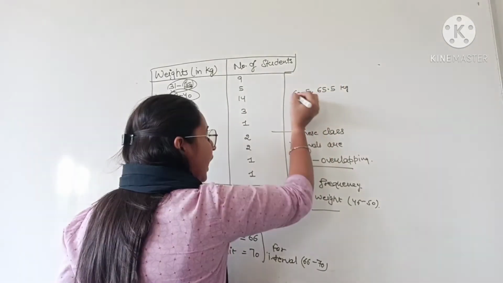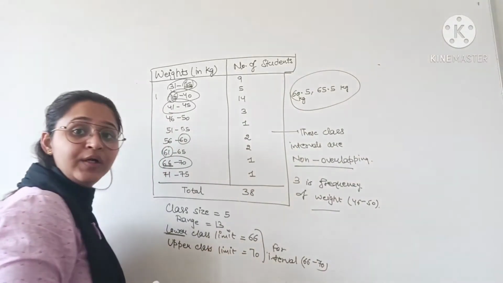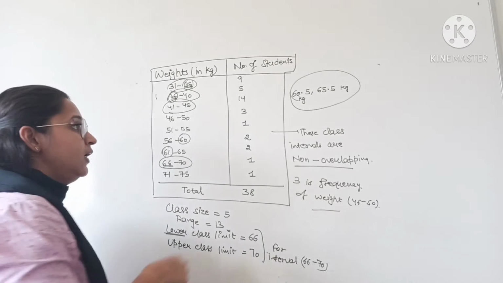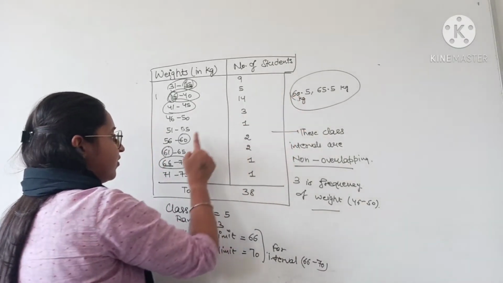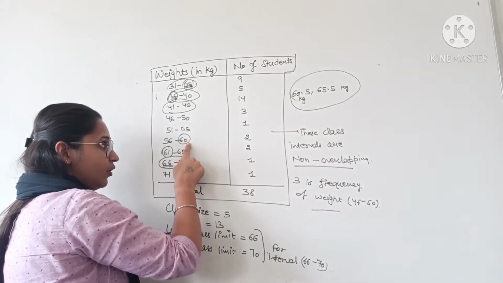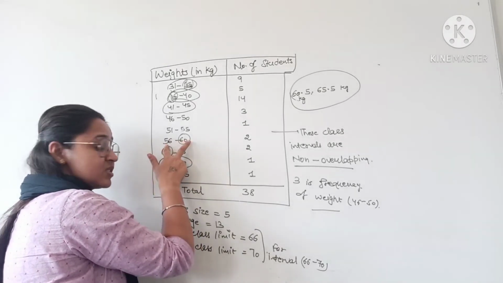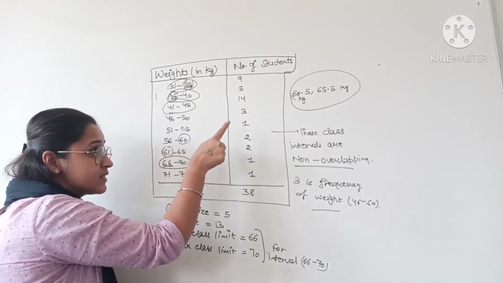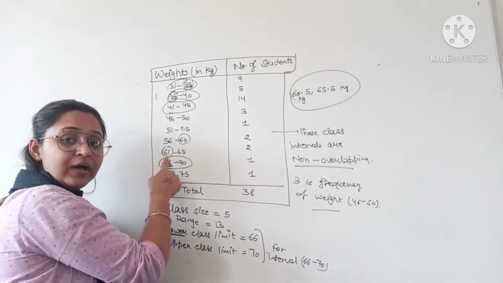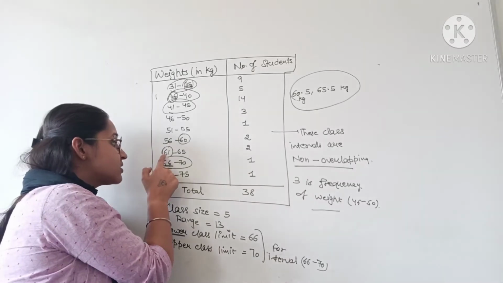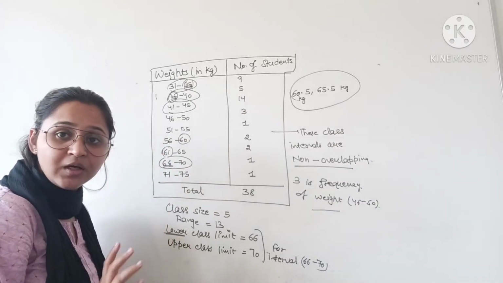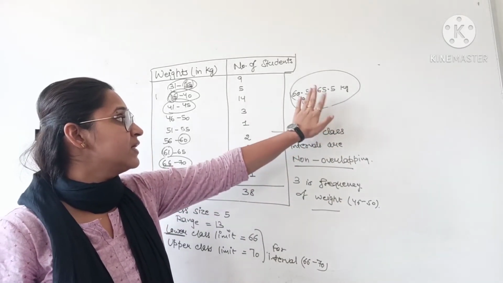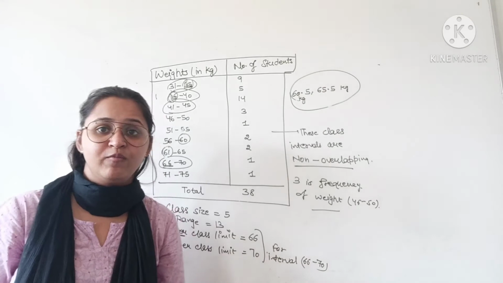Now tell me, are you able to include these two students in any of these class intervals? If I say 60.5, does the student lie here? No, because this interval is 56 to 60, ending at 60. And if I add the student here, no, I can't, because this one starts from 61. It means I am not able to add these two students who have weights 60.5 and 65.5.